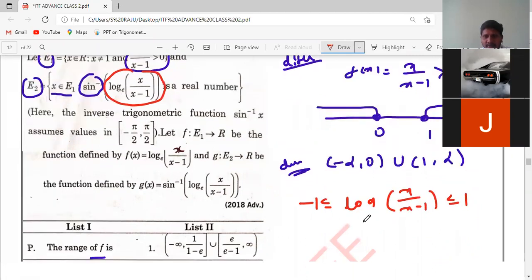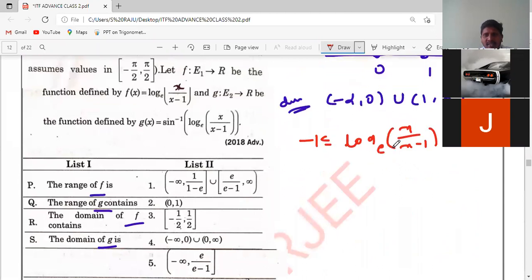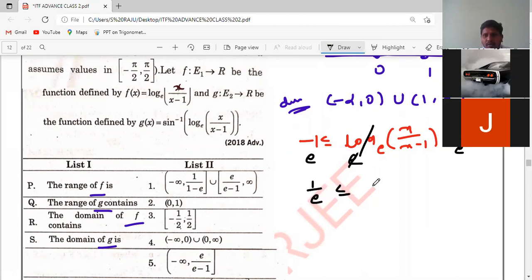This is also lesser than or equal to 1, base E will be there. So what I want to do is eliminate the log by taking E as the base. So E, here log base E is there, gets cancelled. Now here E power minus 1 is 1 by E, lesser than or equal to x by x minus 1, lesser than or equal to E power 1 is E.